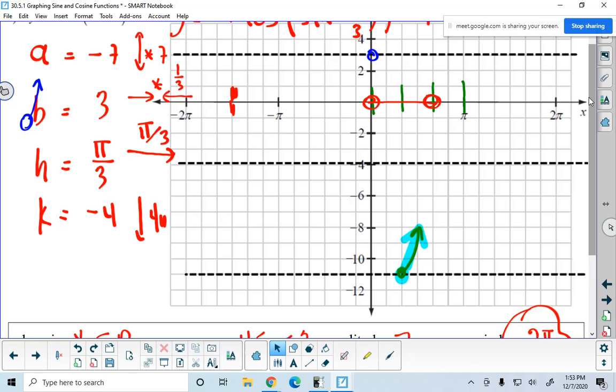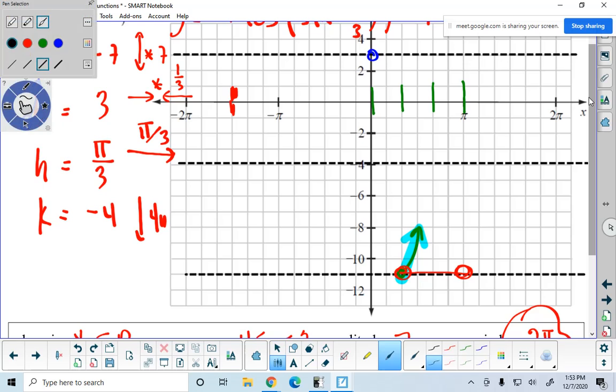To draw at that start point that's highlighted, something that goes up, up, down, down, and ends back at the bottom here. It's got to go up and then down over 2 pi over 3. This distance is the period.